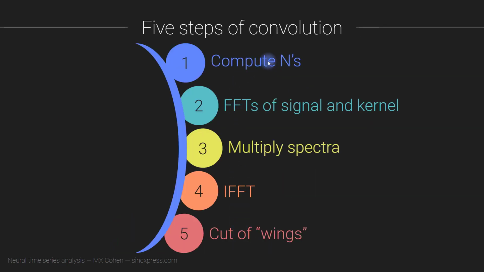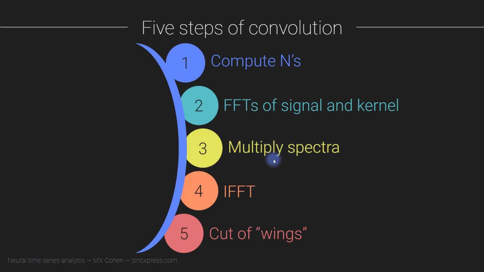So then once you've computed the Ns, you have to take the FFTs of the signal and the kernel, and remember these are separate FFTs. So here at step 2, the signal and the kernel are totally separate from each other. They do not meet, they do not intermingle. It's only at step 3 where you multiply the spectra element by element, so frequency by frequency.